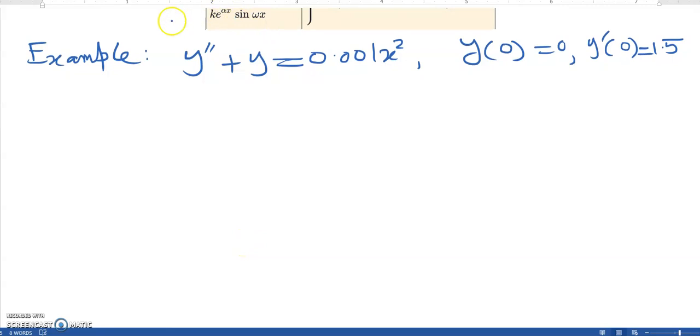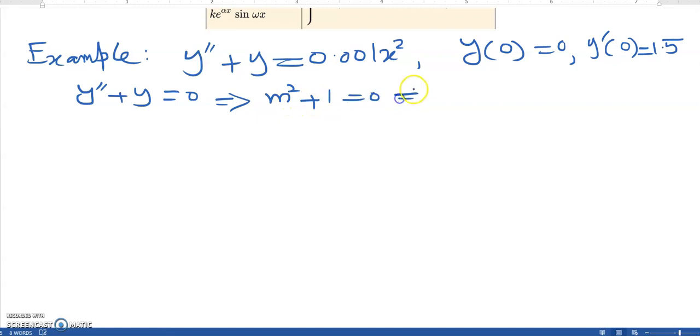First of all, we will find the solution of the homogeneous equation, y double prime plus y is equal to 0. We can easily say that its characteristic equation is m square plus 1 is equal to 0, so in this case m will be equal to plus minus i.